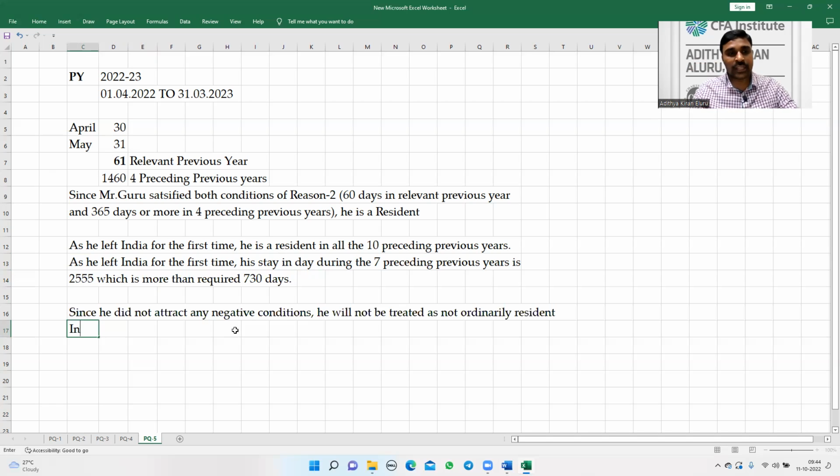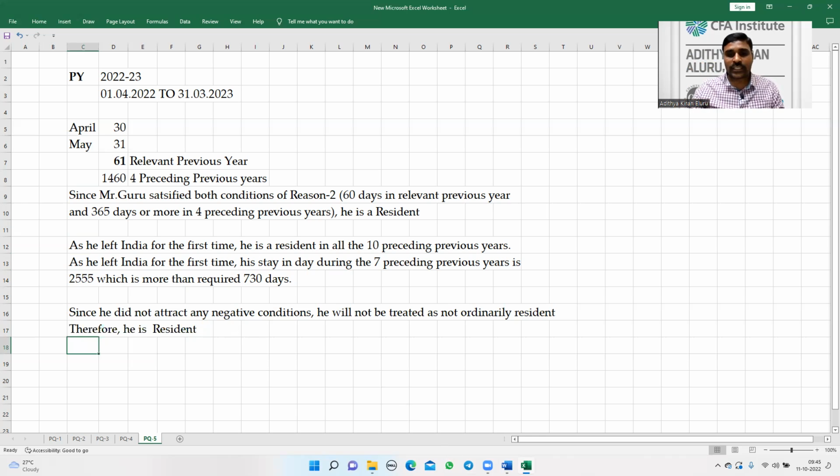In other words, he will be a resident, and ordinarily resident. As per section 6, there are only two classifications: resident, and resident but not ordinarily resident. Therefore, he is a resident.